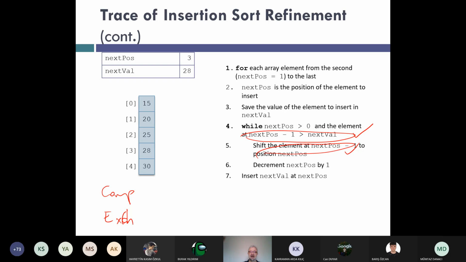It doesn't depend only on the number of elements, but also on the values in the array, right? So we have to talk about best and worst case, since the number of comparisons and number of exchanges depend on the values in the array.